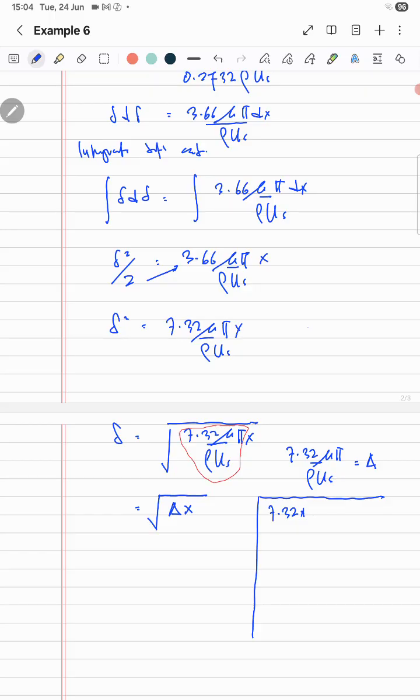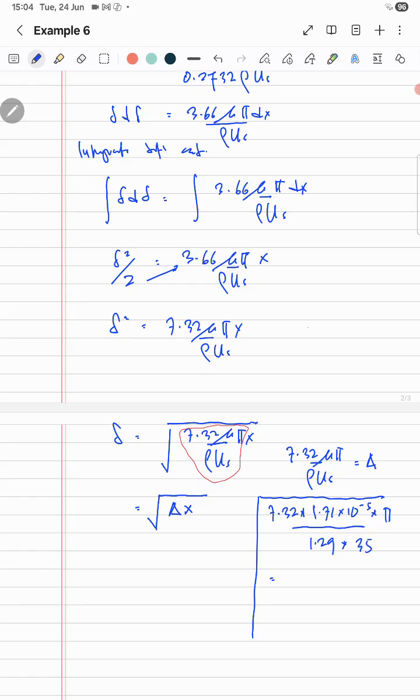From the question we have mu equal to 1.71 times 10 to the power of minus 5, multiplied by pi over rho, which is 1.29, multiplied by u stream, which is 35.